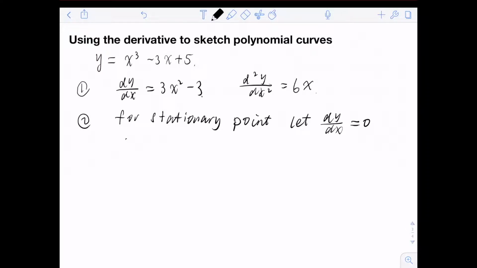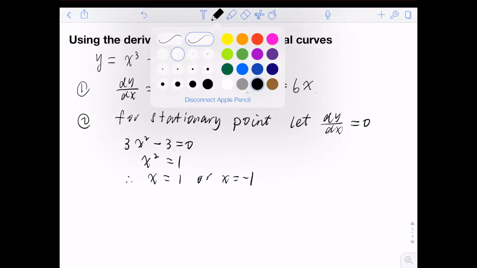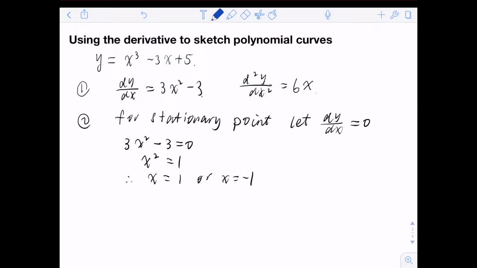So we have 3x squared minus 3 equals 0. Then I have x squared equals 1. So therefore x equals 1 or x equals negative 1. Then we need to find the y values. So we sub the x value into the y, which is here.